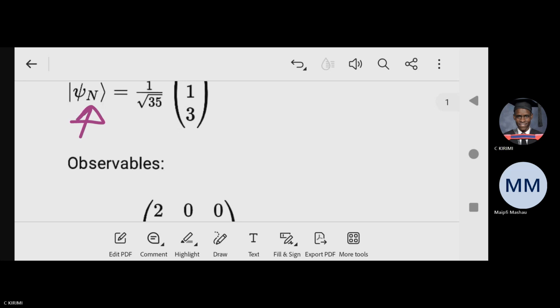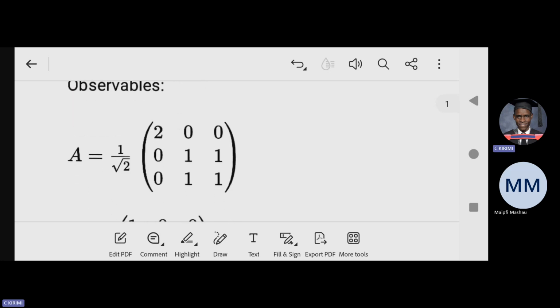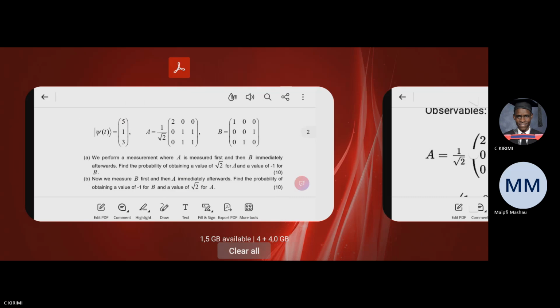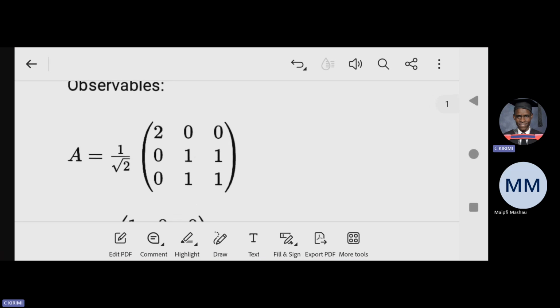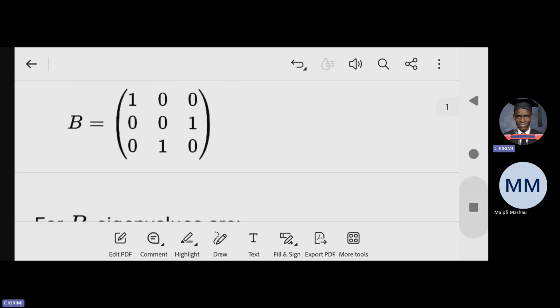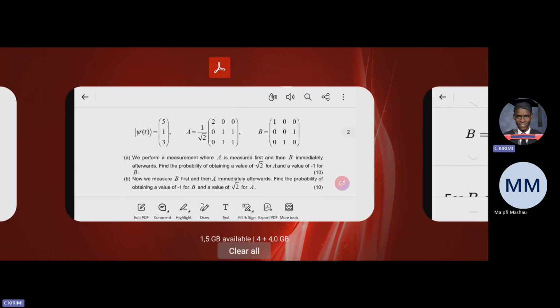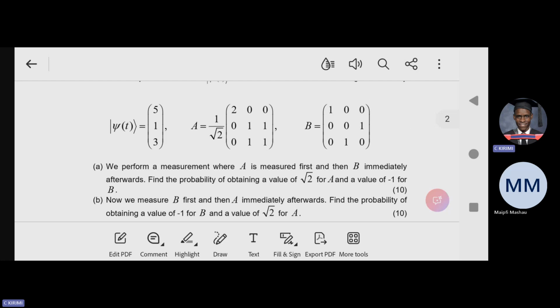All right. Then we're given the values of A and B. These are given from the question, as you can see in the question paper.